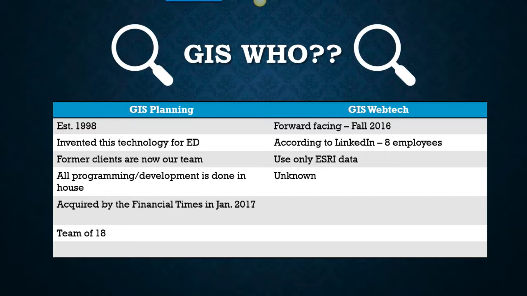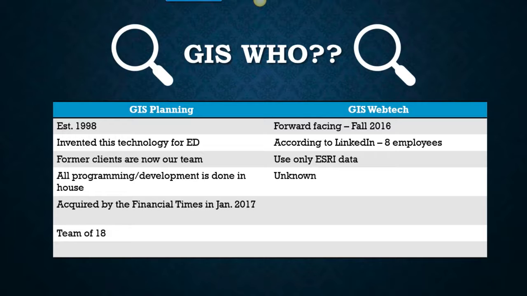GIS Web Tech became forward-facing in fall of 2016. I think they had established themselves as a company prior, but they hadn't actually gone to market yet, so to speak. So they became an actual company in 2016. According to LinkedIn and all the research that I've done, they have about 8 employees. Some of the information was 7, some was 8, so I went with 8.